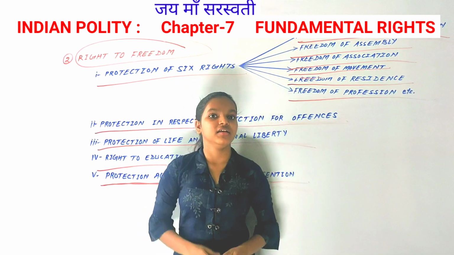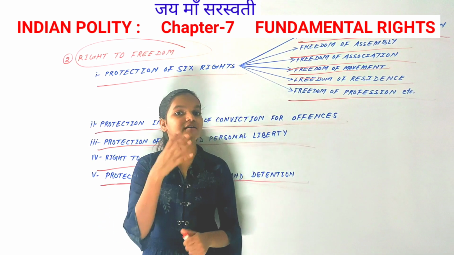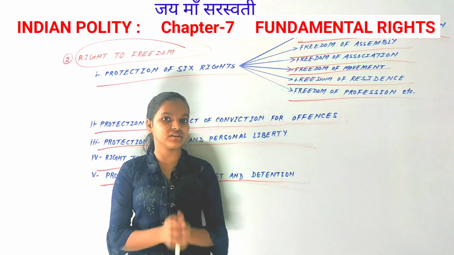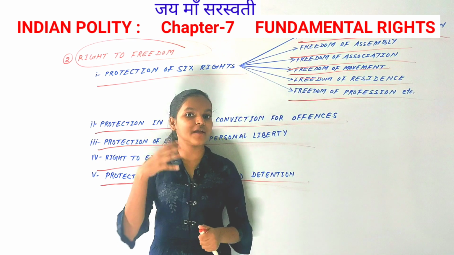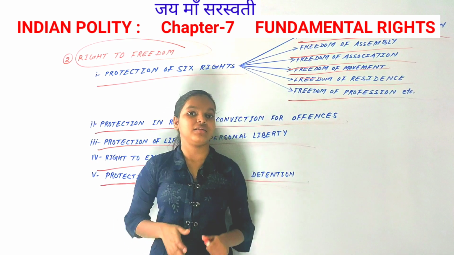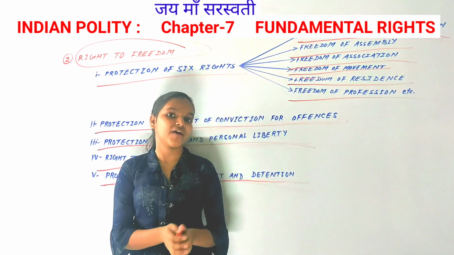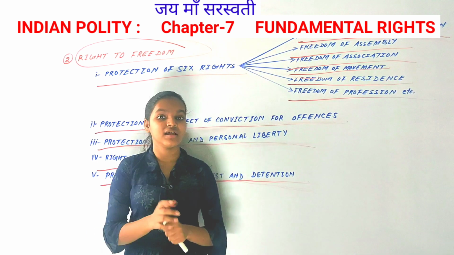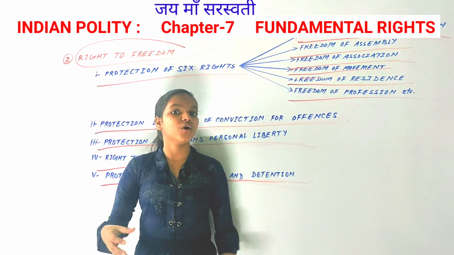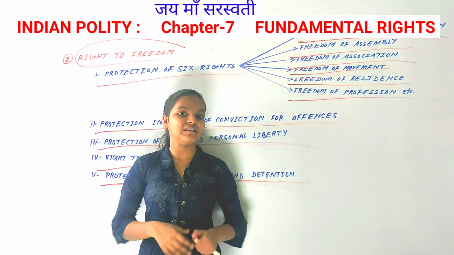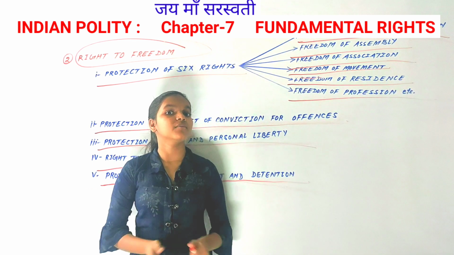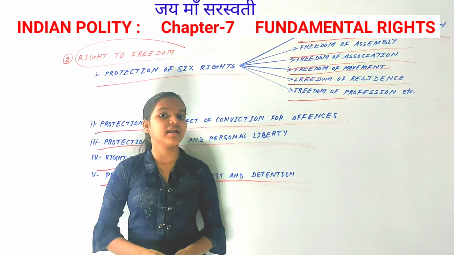And accordingly, the 44th Constitutional Amendment Act of 1978 had reduced the time period for preventive detention from 3 months to 2 months. But this provision has never been enacted into reality. This provision was amended in the constitution, but it never came into force.